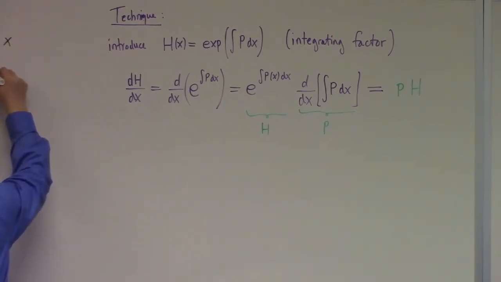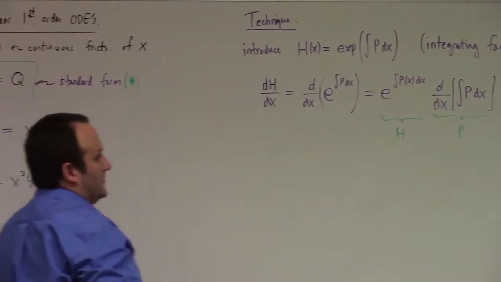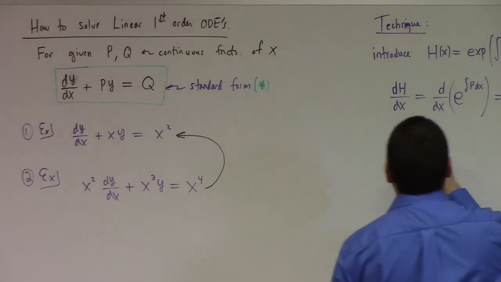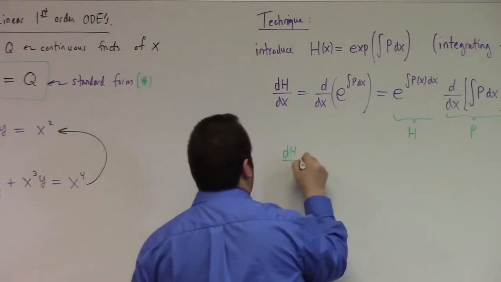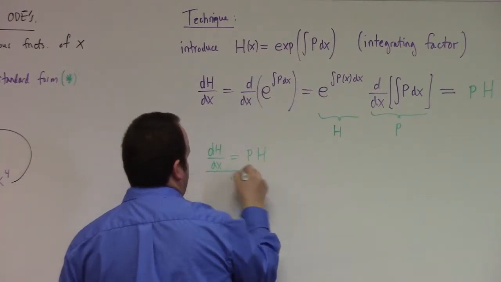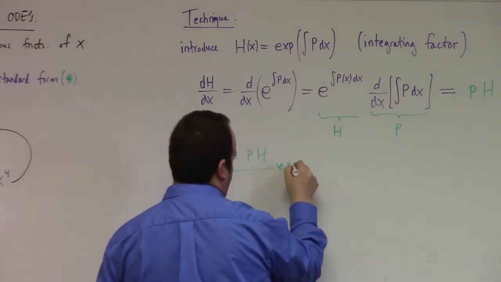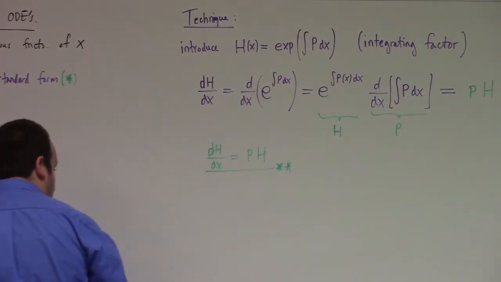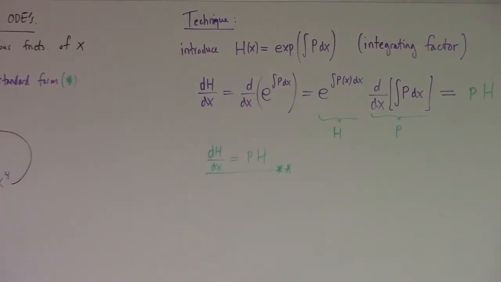So this standard form, let's give it a name. Let's call it star. And let's give this a name too. Let's say that dh dx equals p h. Let's call this star star. Okay. So my next move here is going to be to multiply star by the integrating factor.